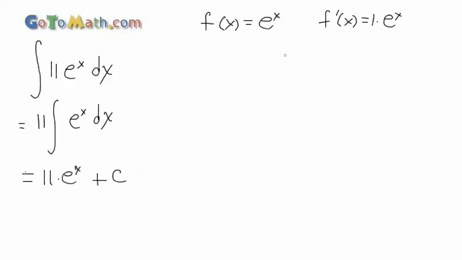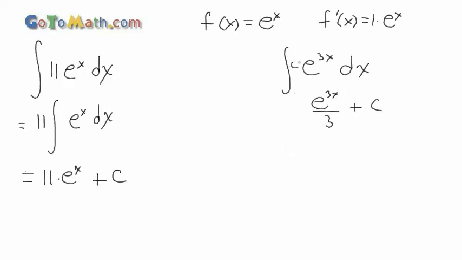I'm just going to work another example. If we had e to the 3x, you take the derivative of the exponent, which is 3, put 3 down here in the denominator, and then plus c.